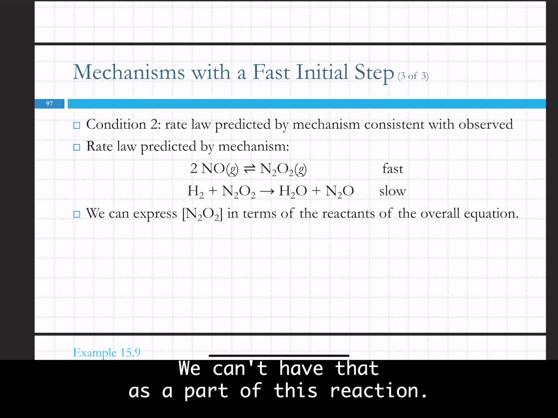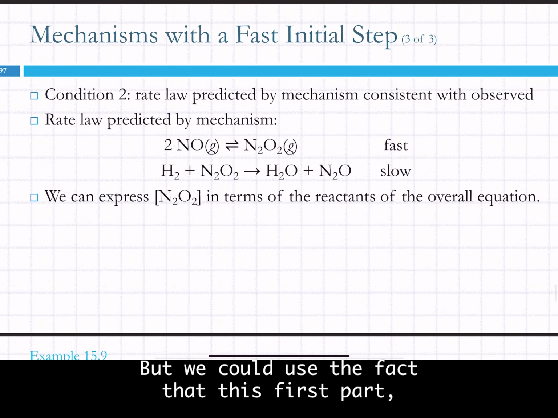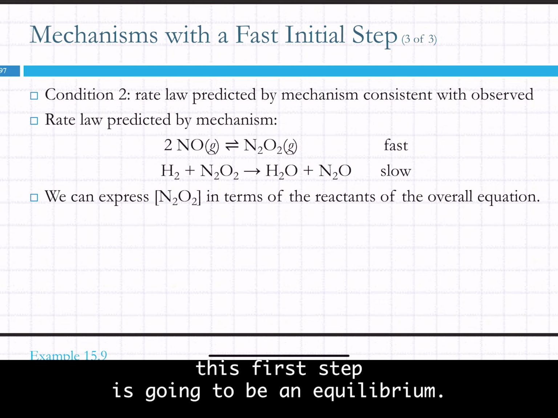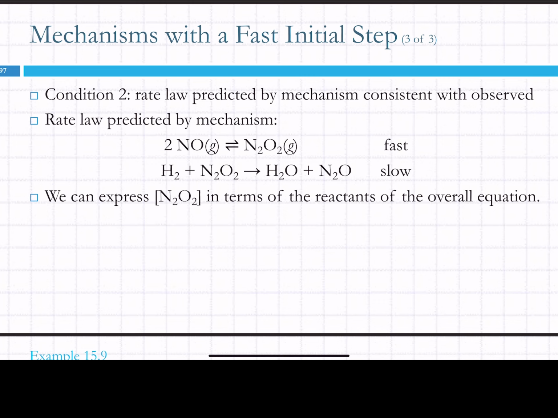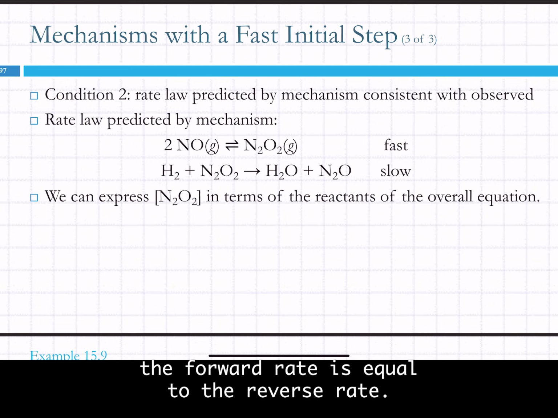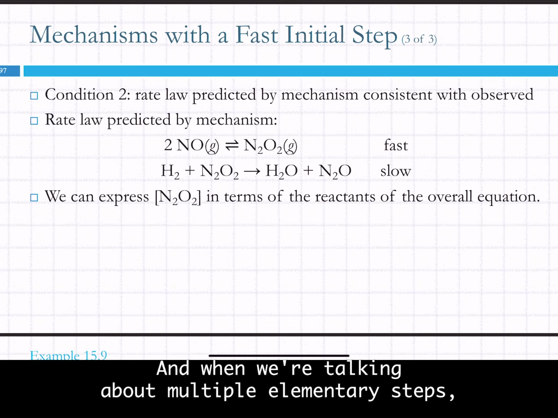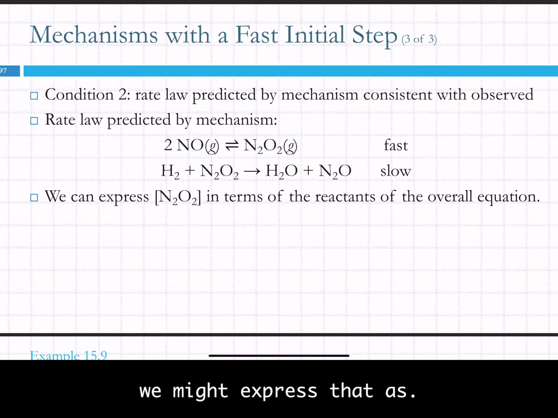We can't have that as a part of this reaction, but we could use the fact that this first step is going to be in equilibrium. The key is that when something is in equilibrium, the forward rate is equal to the reverse rate.